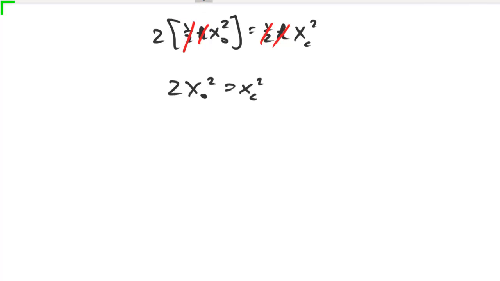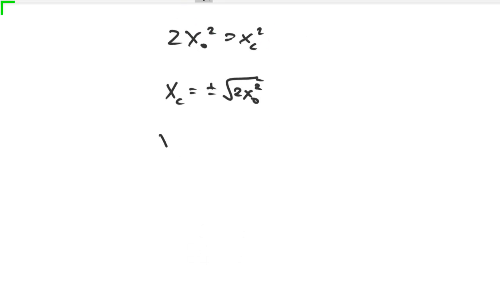So solving this, I can say here that xc is going to be equal to plus or minus the square root of 2 x naught squared, right? Which then I can take out that x naught squared and say xc is equal to plus or minus the square root of 2 times x naught.